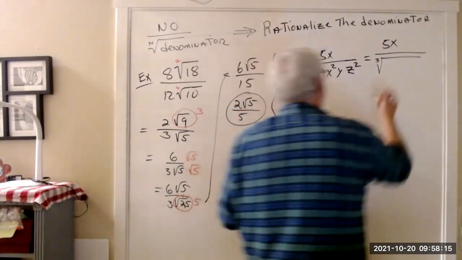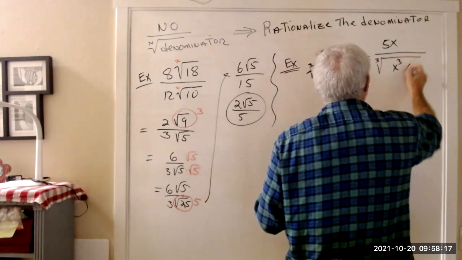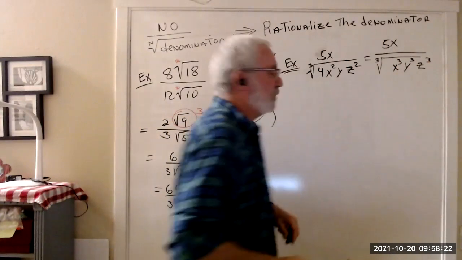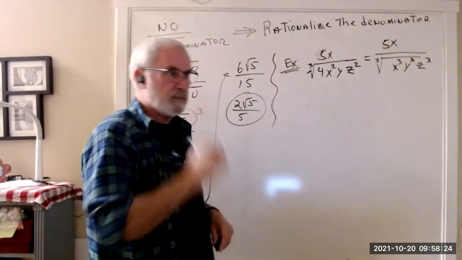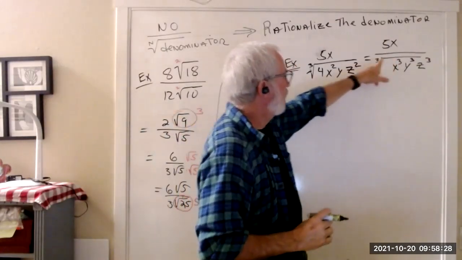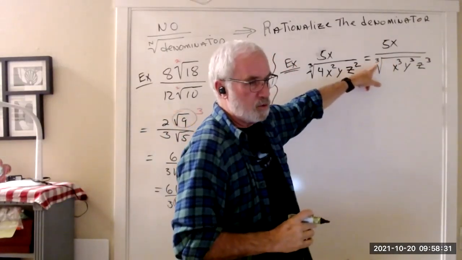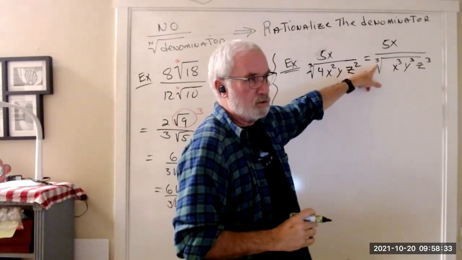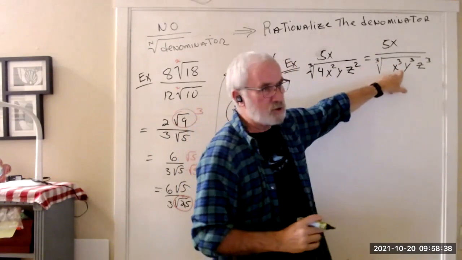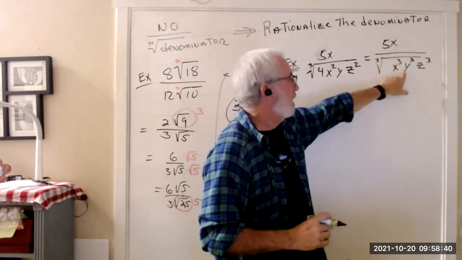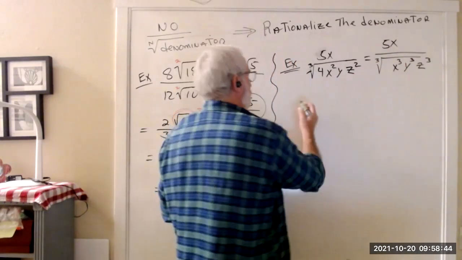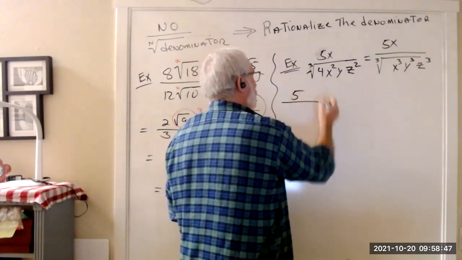We want everything in here to be x cubed, y cubed, z cubed, and maybe even 4 cubed. I don't know. Everything has to be cubed because that's the only thing that comes out of a cube root. So we have to go from the original problem, do some math magic to it, to make it look so everybody's cubed. Now, this particular problem had a little trick that I want to make sure we pick up.